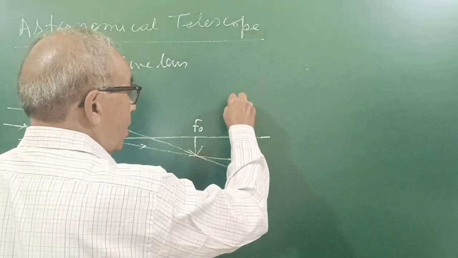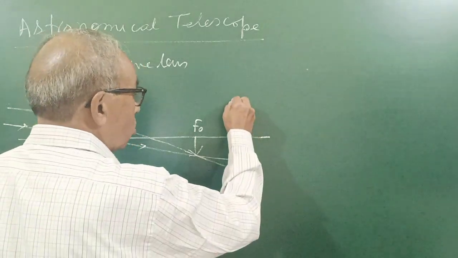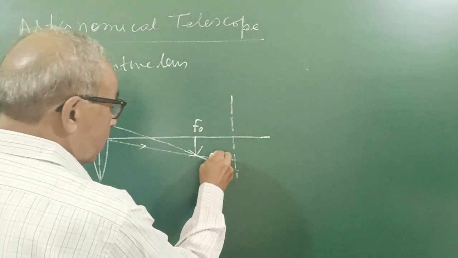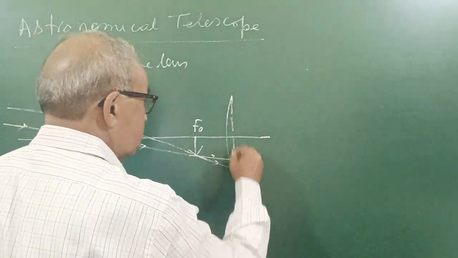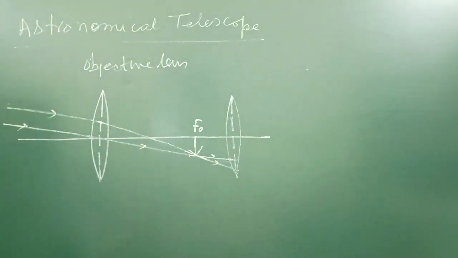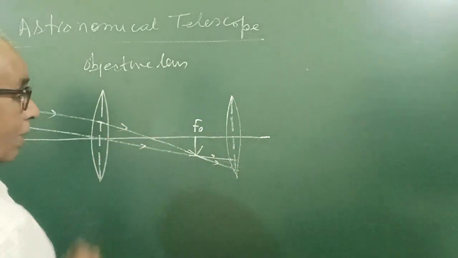Now here you draw the objective lens, eye lens sorry. First draw this line. And this line should intersect these rays. Here is the objective lens. Oh sorry, eye lens sorry. The eye lens is this. Again we don't know how these rays will get refracted by this lens.